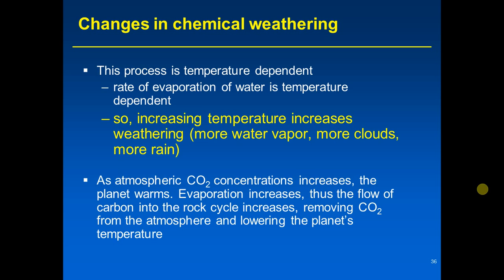So that's more chemical weathering would lead to more carbon dioxide being removed from the atmosphere. Okay? And then if we remove carbon dioxide from the atmosphere, that alone has a cooling effect because that weakens the greenhouse effect and lowers the planet's temperature.